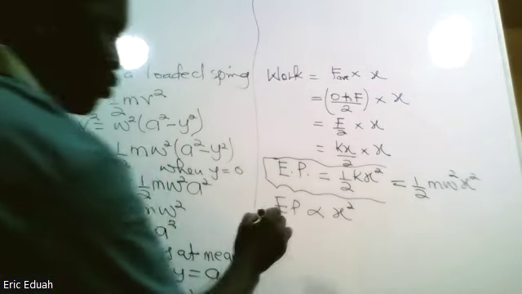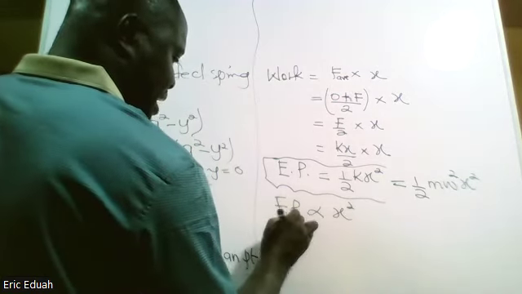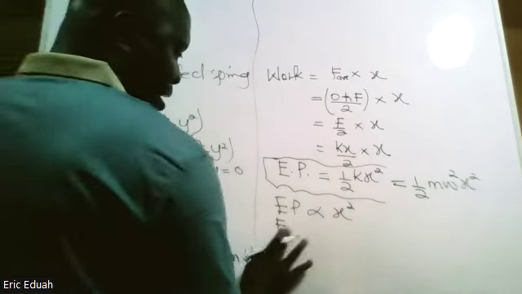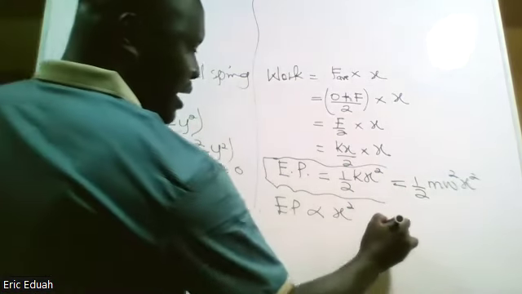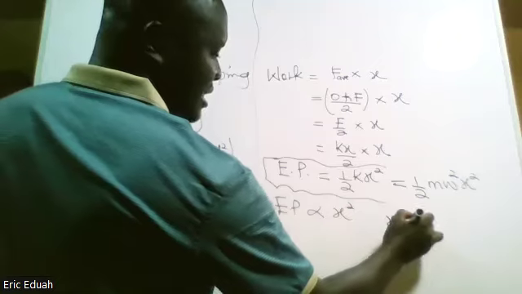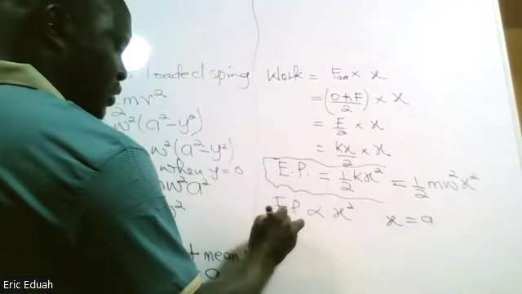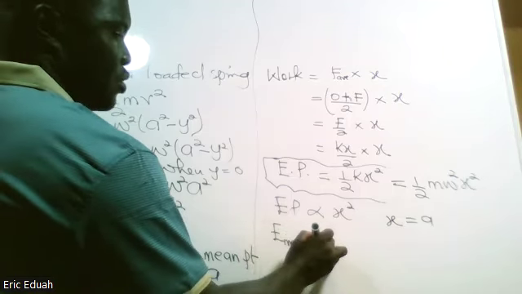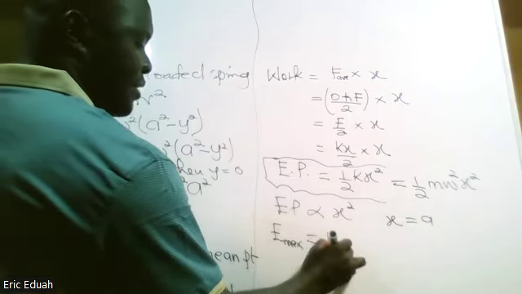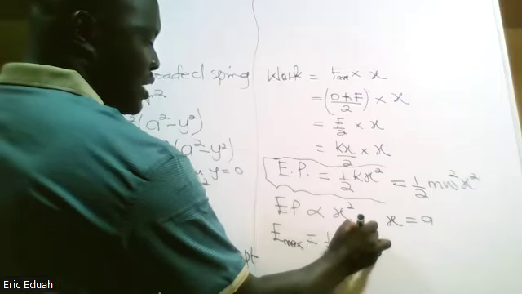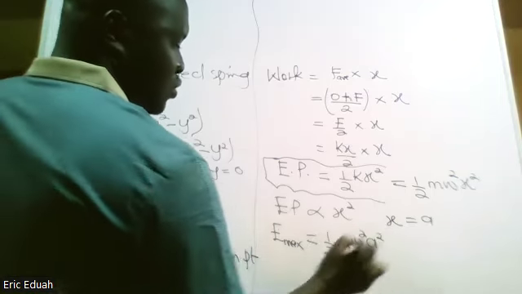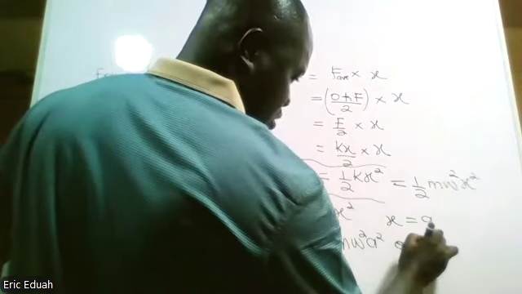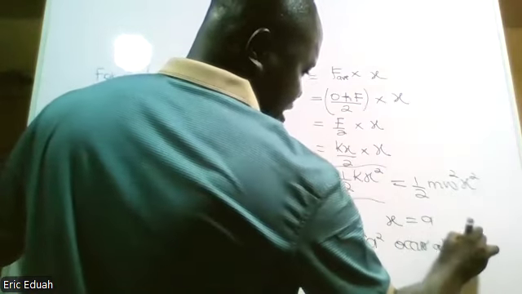Now, let's look at where the maximum and minimum potential energy occur. We are calling it potential, but we must understand this is about elastic potential energy. So where does the maximum potential energy occur? It will occur at the extreme, where displacement x is equal to the amplitude. So E maximum will be equal to half m omega squared A squared and occurs at the extremes.